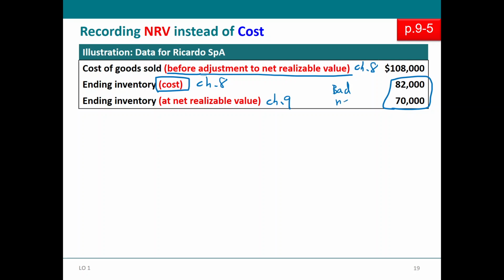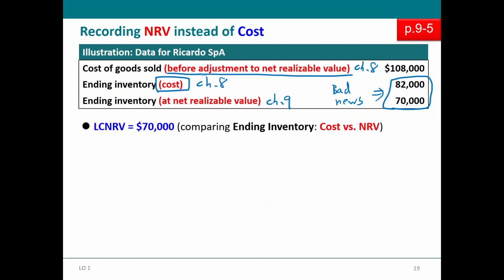So what should we do? Before we prepare financial statements, you should compare these two numbers, $82,000 and $70,000. So when we compare these two numbers, which number should we report on the balance sheet? LCNRV. So based on LCNRV, we choose the lower one. So $70,000 is the amount we are going to report on our balance sheet, right?